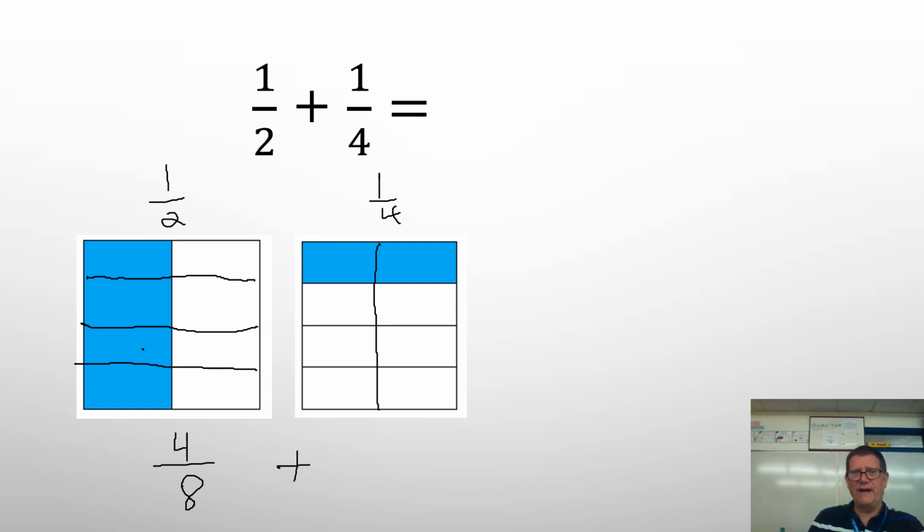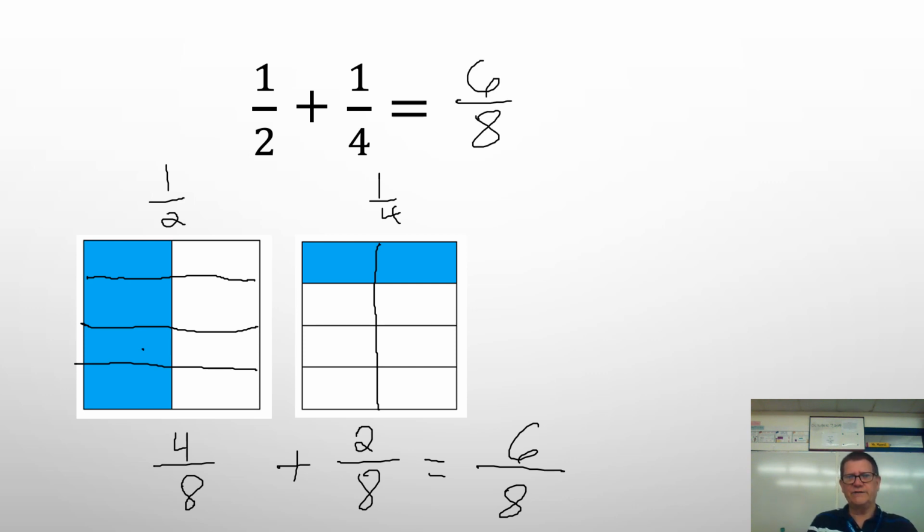Now I want to add on this side, I have 2 blue ones out of a total of 2 times 4 is 8. Look there, now we have equivalent fractions with common denominators, so we can add them up. When we add them up, we know this is 8 because it stays the same. 4 plus 2 is 6. So we know 1/2 plus 1/4 equals 6/8.